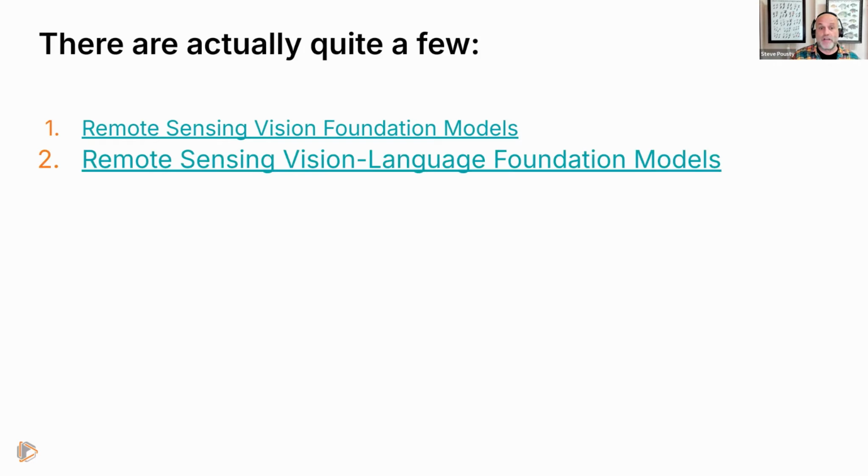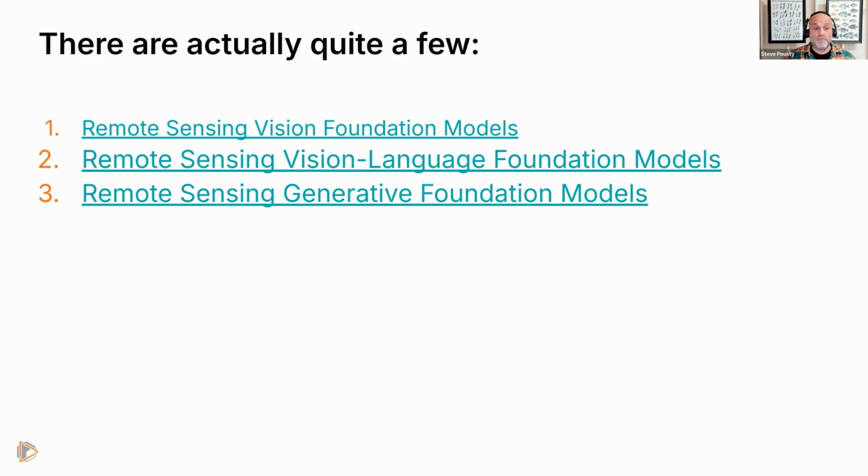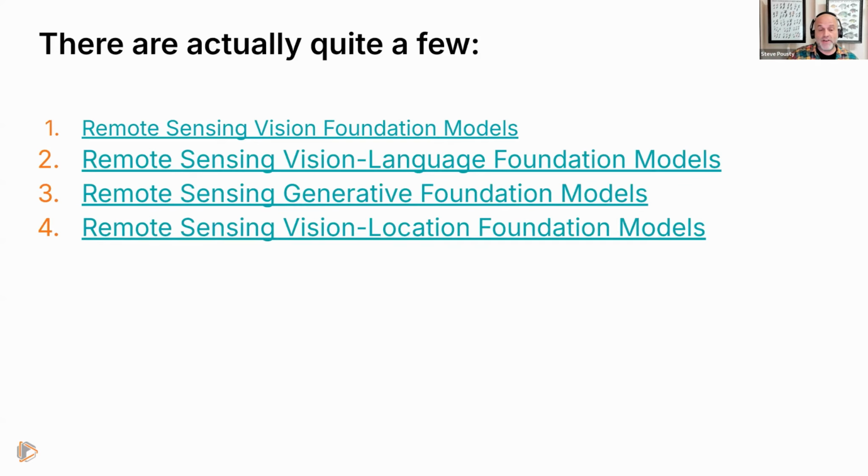But we also have vision language foundation models, which allow you to use language to query for remote sensed images or things in remote sensed images. We have remote sensing generative foundation models, where you can generate scenery or generate models based on remote sensing data. We have vision location foundation models, so you give a location or an image and it tells you the location, and vice versa.